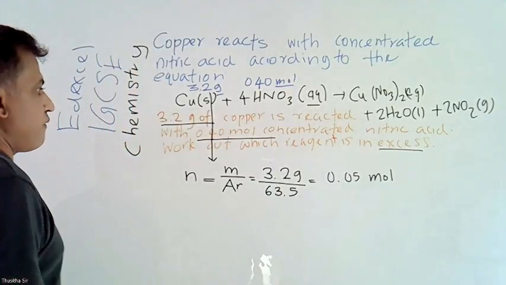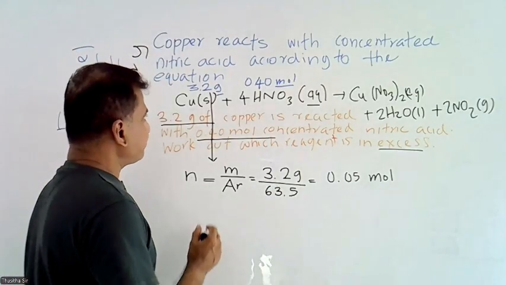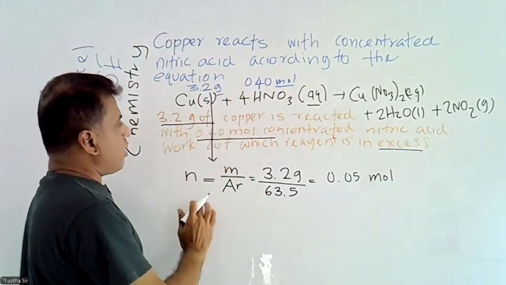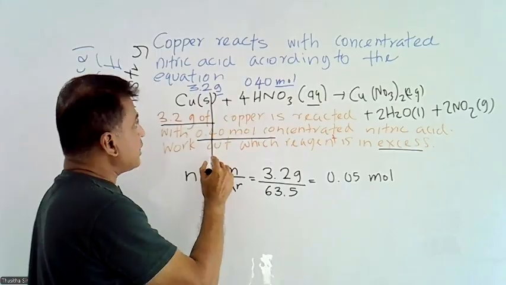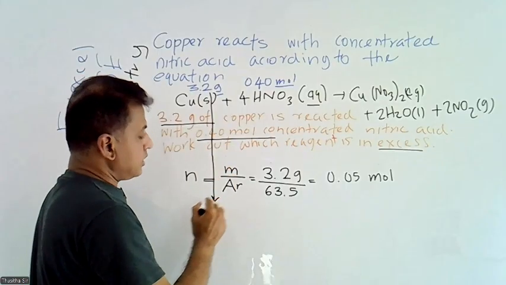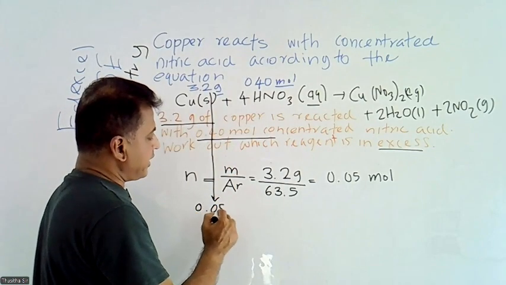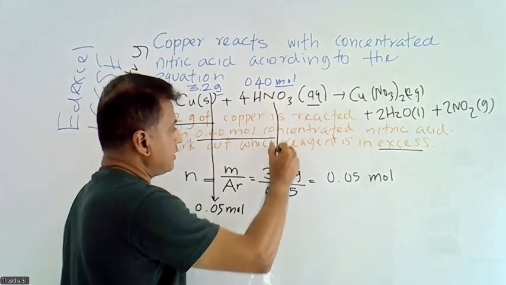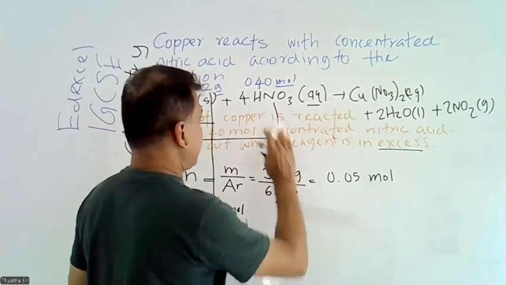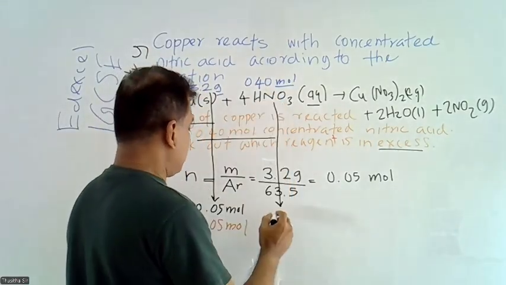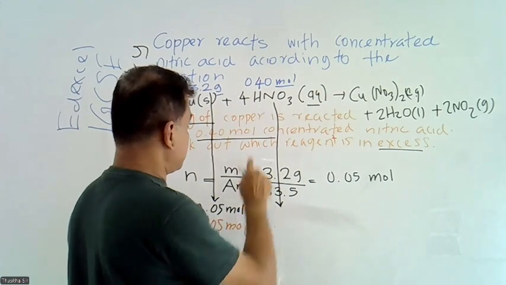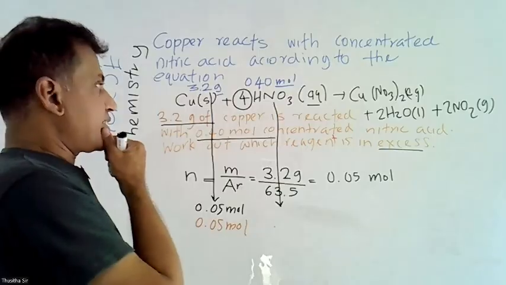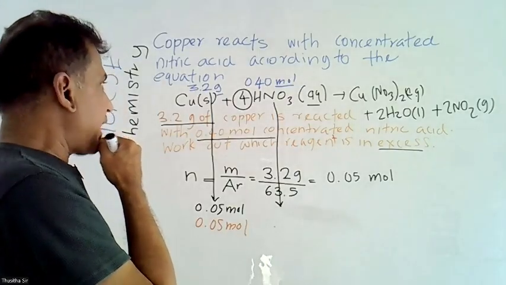Now what I can do is write both again. I don't have space here, so I write it down now. This 3.2 gram is now 0.05 mole. And for nitric acid, here we can see four nitric acid molecules react with copper.